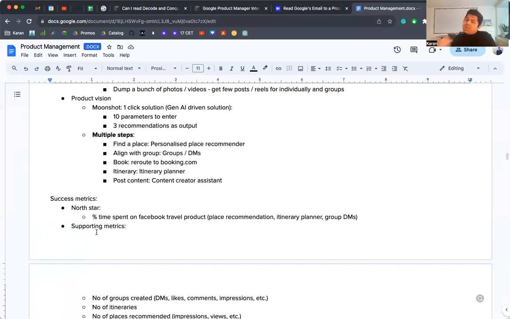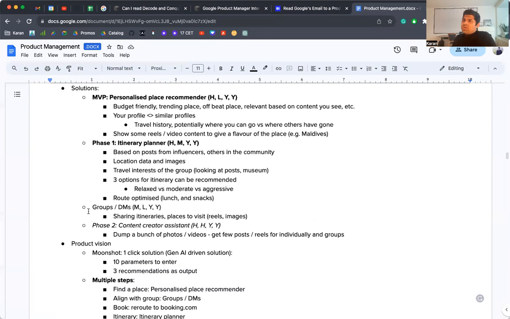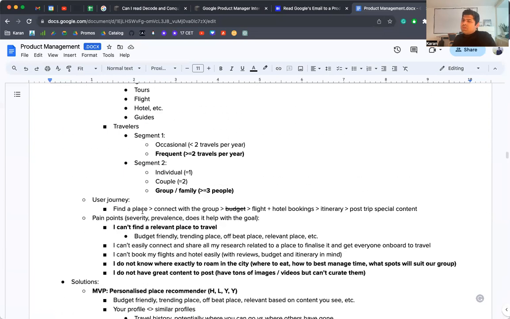Another angle is obviously monetization. Because we laid down the broader flow, where you have to find a place, connect, and then flight and hotel bookings, I think one of the interesting parts of completing the monetization could be rerouting. But at the same time, we also thought that rerouting can potentially break the flow.